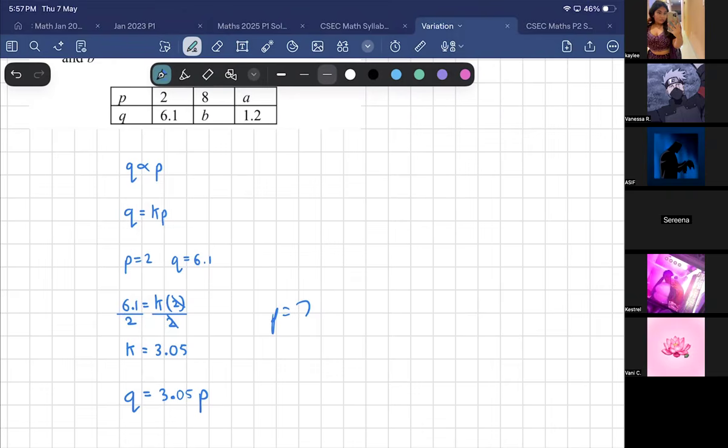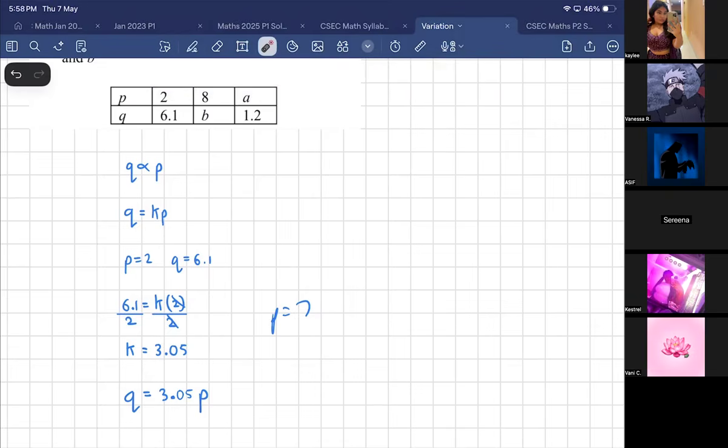It's real simple. So Alexia, over here I'm telling you that Q would just be how much times P? 3.05. And if I tell you that P is 7, what will Q be?